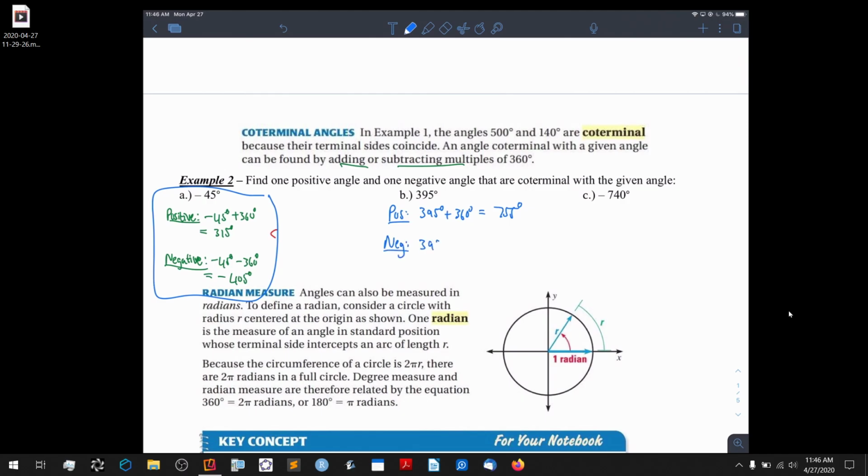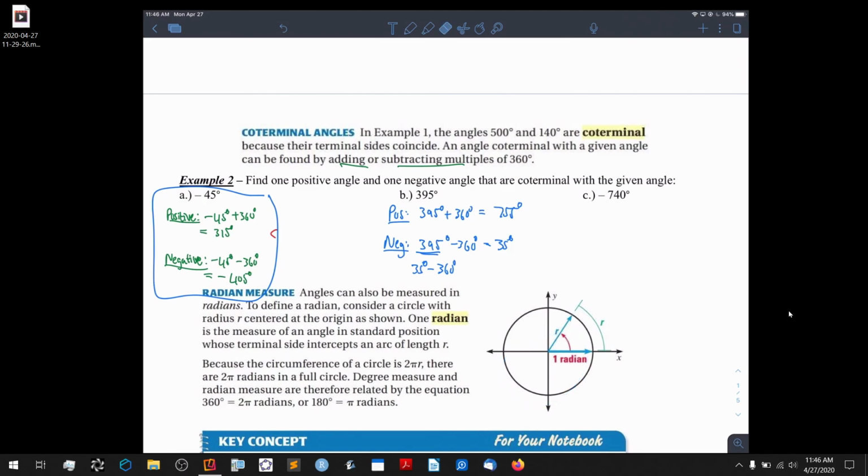Now here you'll see an interesting thing. If I do 395 minus 360, I don't actually get a negative angle. I get a positive angle still, because my initial angle is bigger than 360. So what you have to do then to find a negative coterminal angle is just subtract another 360. So you just say 35 degrees minus another 360. In other words, just go around once more.